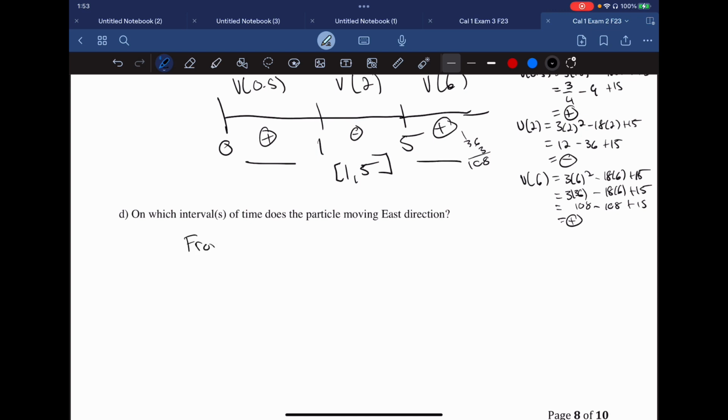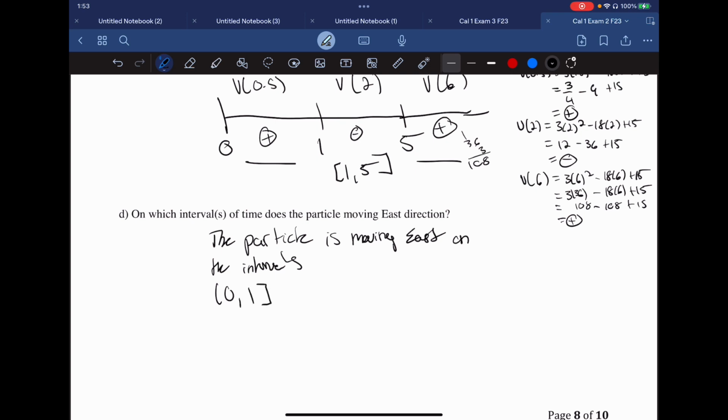So the particle is moving east on the intervals (0, 1) union (5, infinity). Awesome. So that is D.